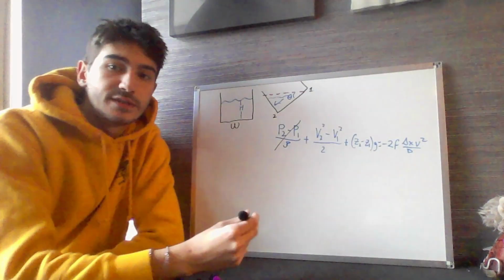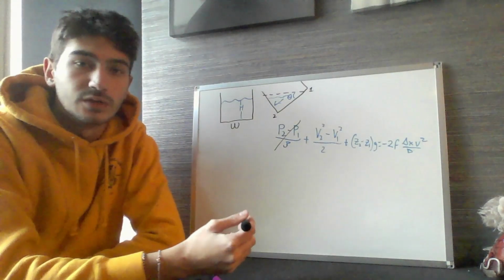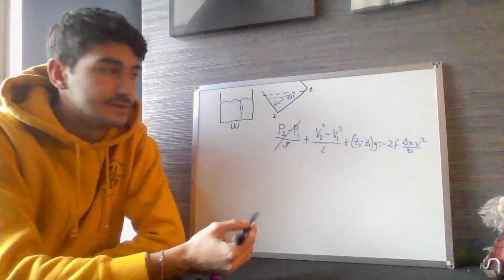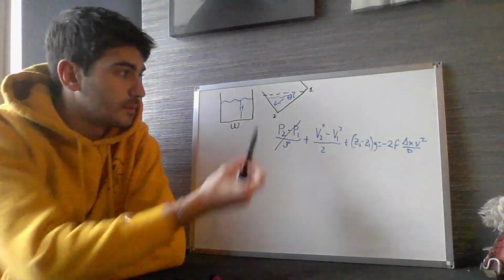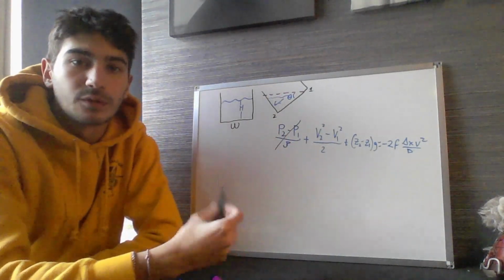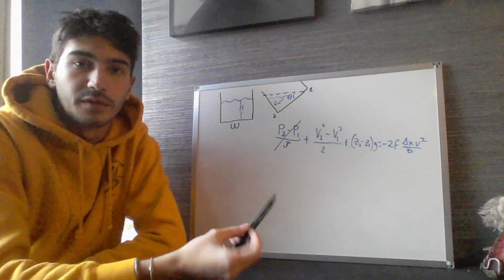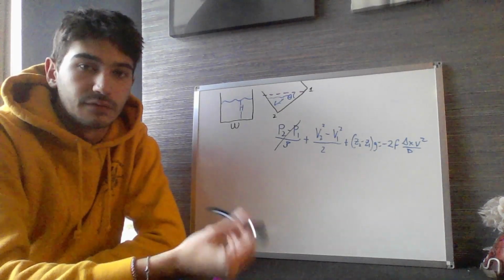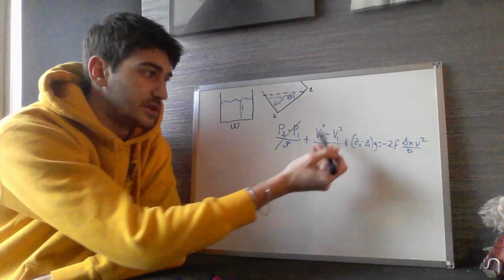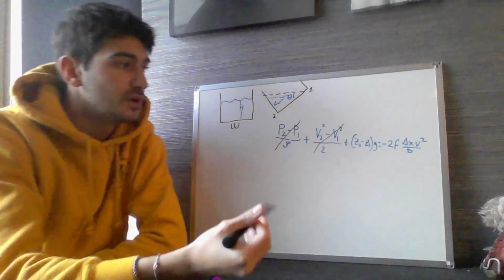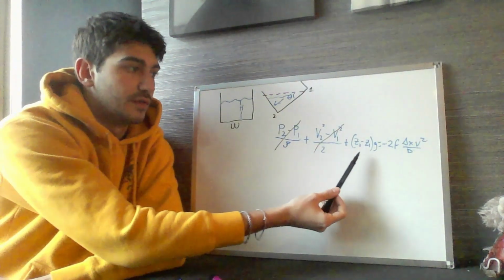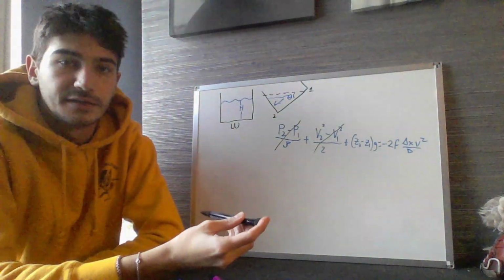And then the velocities, the second term, we can also forget about, as the two points 1 and 2 have the same cross-sectional areas, and therefore they will be flowing through at the same velocities. So this expression is also negligible. It goes to 0, and so we're just left with the values in terms of z, right?